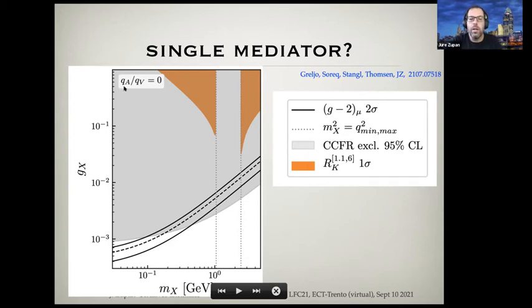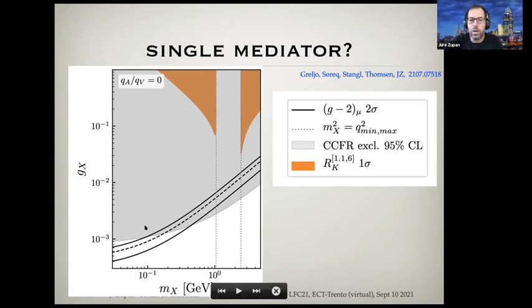So with no axial current, you see that we do have a region where the G minus 2 of the muon is explainable, which is already what we saw for L mu minus L tau, which would be an example of such a model.